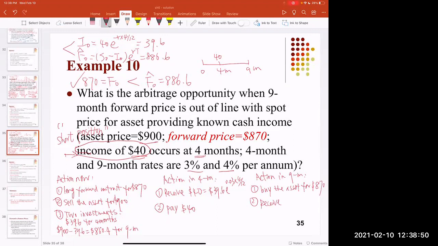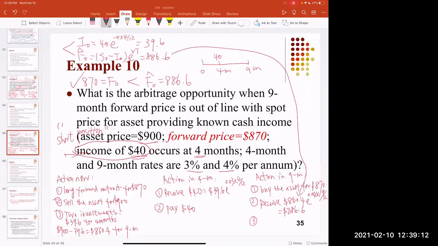The principal is $860.4, and you do compounding for 9 months. So this amount should equal $886.6. You can double check. So this should be the same calculation.